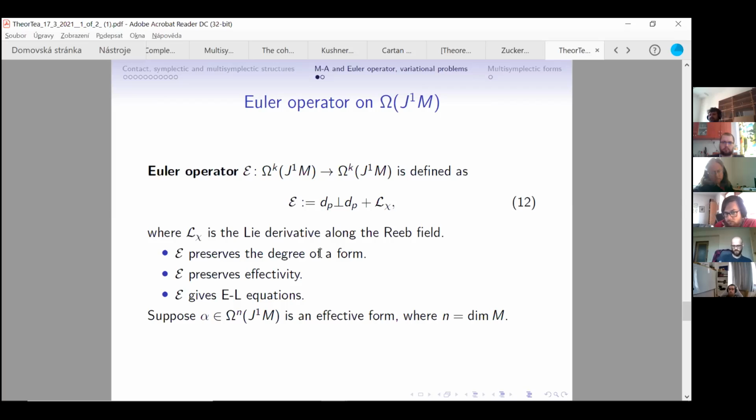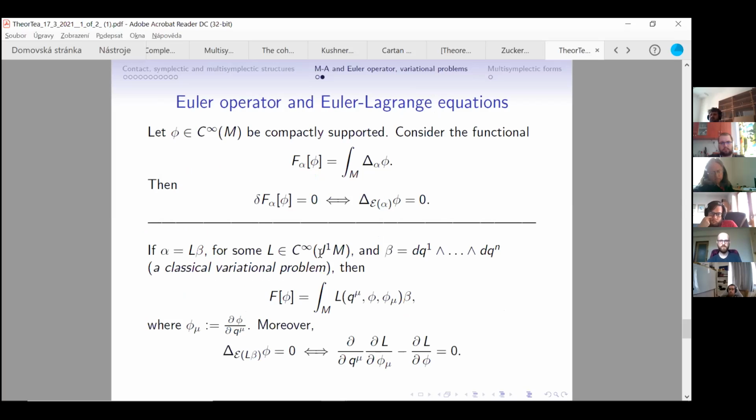And what does it mean? So consider that alpha is an n form, and it's an effective one, and we just recall that n is the dimension of M. Now let's see how we can get to variational problems and functionals. So assume that phi, our function, is compactly supported, and then since alpha is some n form, the delta alpha phi, right?